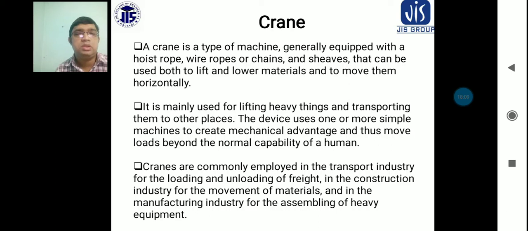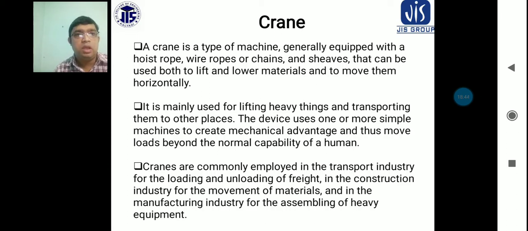Then you have to place it near the bank. The crane will pick up the materials from the ship and load them onto the bank, and trucks or lorries will also be placed on the bank, and loading will again be done by the crane.